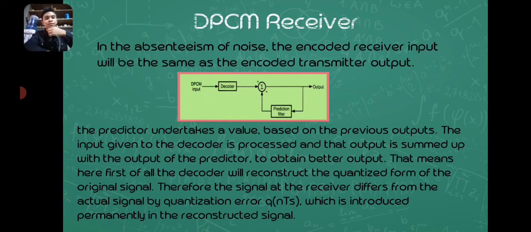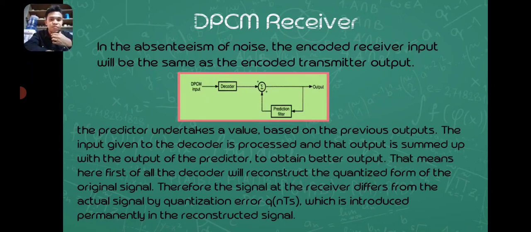The DPCM receiver. In the absence of noise, the encoded receiver input will be the same as the encoded transmitter output. The predictor assumes a value based on the previous output. The input given to the decoder is processed and that output is summed up with the output of the predictor to obtain a better output.